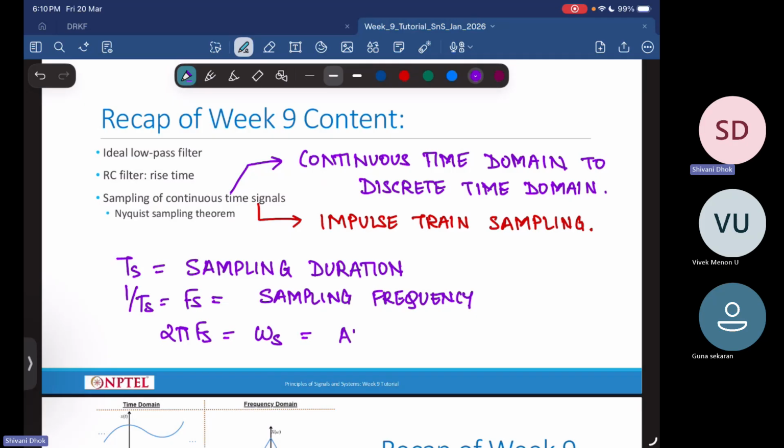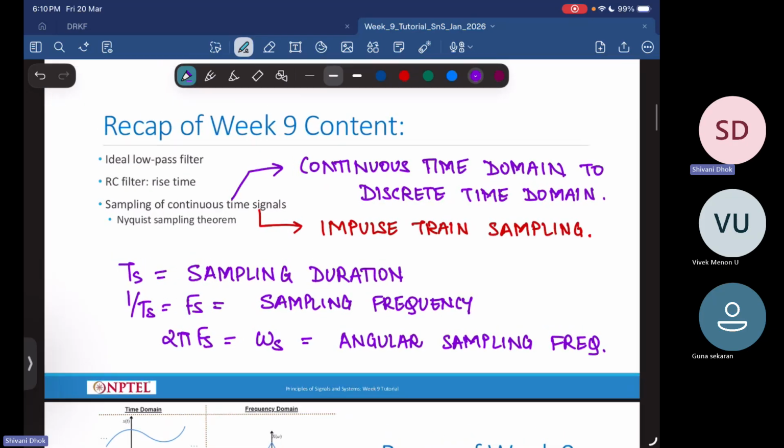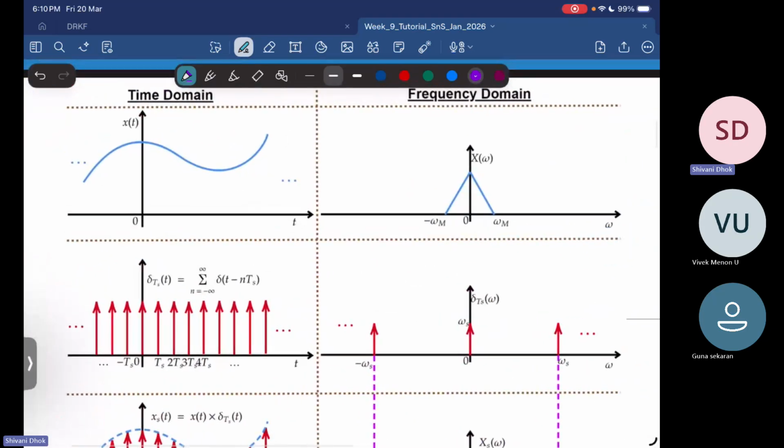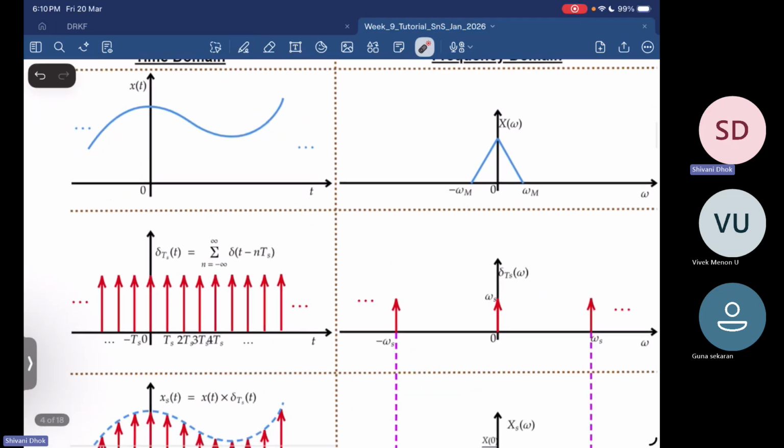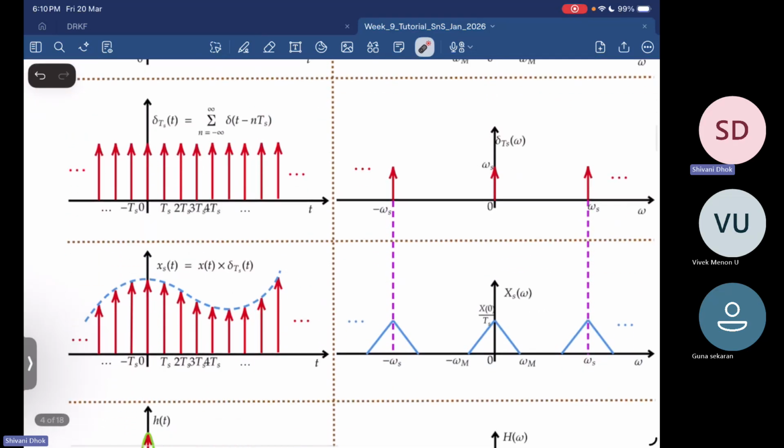This is your angular sampling frequency. So at every integer multiple of your sampling duration, you have a unit impulse. And then you multiply this x of t by this train of impulses, which gives you something like this.